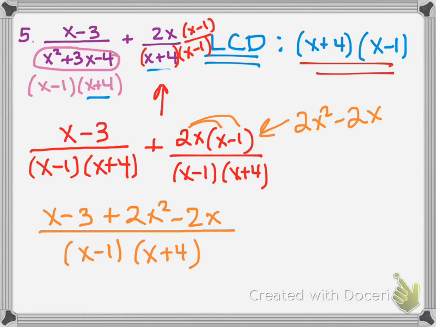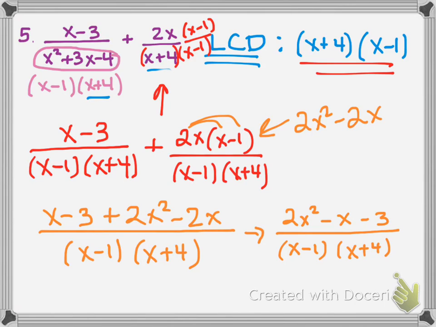And it doesn't matter if you put the x plus 4 first or the x minus 1, because when you multiply, order doesn't matter. And our last step is to simplify that numerator again, and we're going to get 2x squared minus x minus 3 all over x minus 1 times x plus 4.